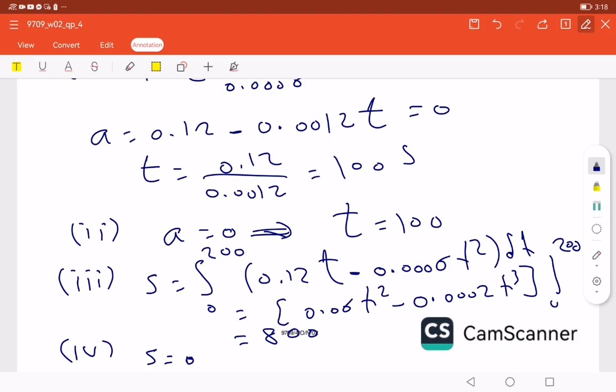What does it mean? It means 0.06t squared minus 0.0002t cubed equals 0. By solving this equation, t will equal 300 seconds.